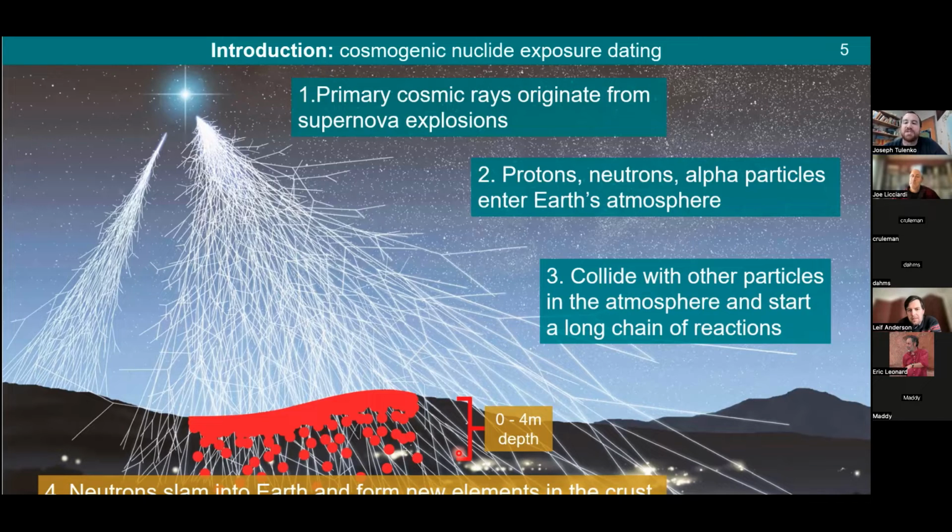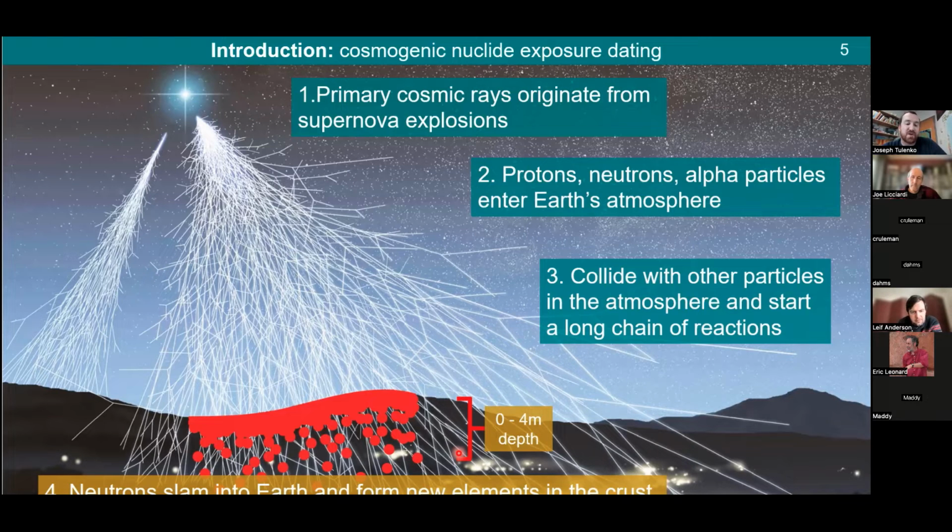All of these cosmic rays, these charged particles, are constantly bombarding Earth's atmosphere. And when they do, they strike particles in the atmosphere with enough energy to split nuclei into new nuclides, and enough energy left over to produce a cascading effect of long chain reactions.